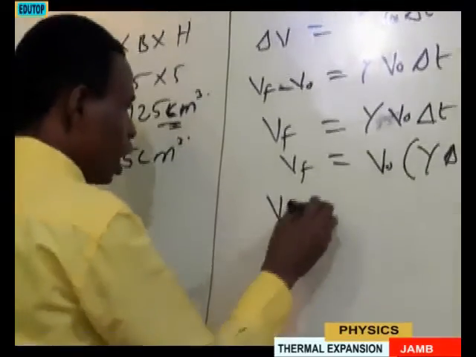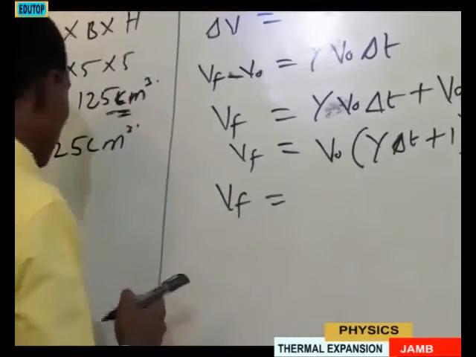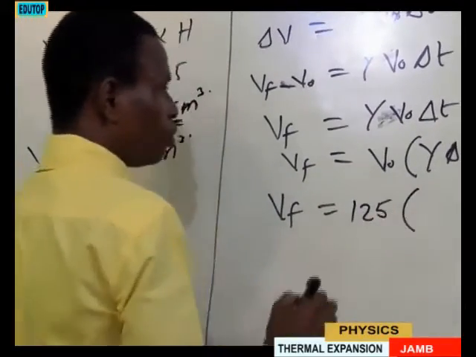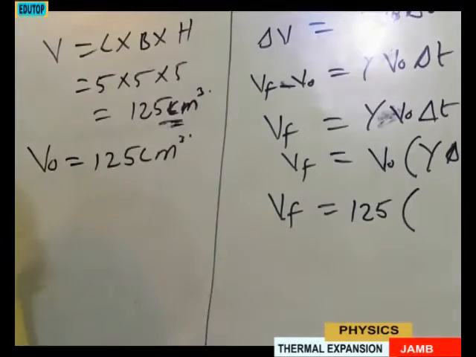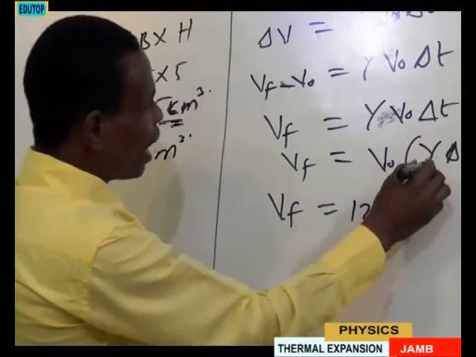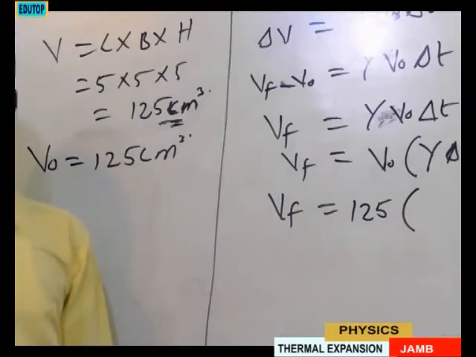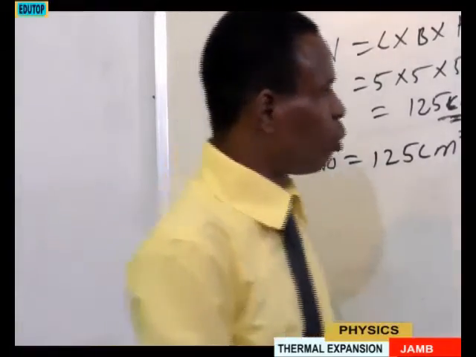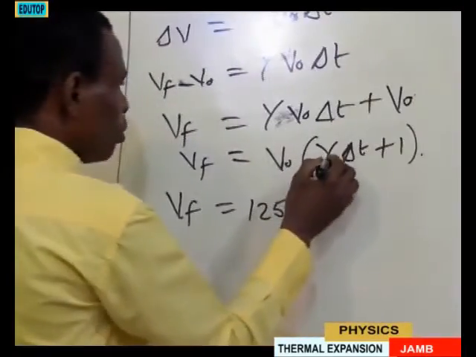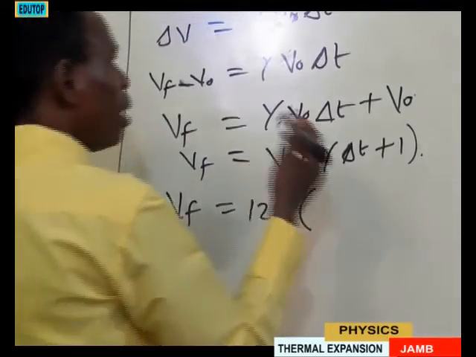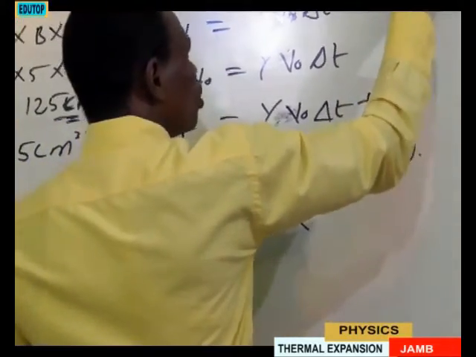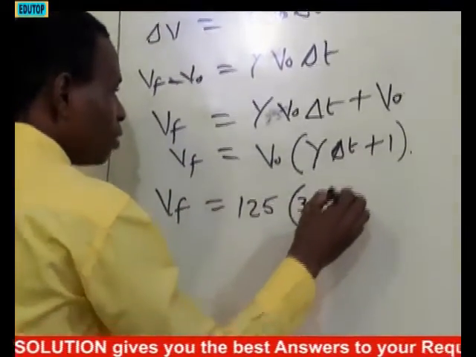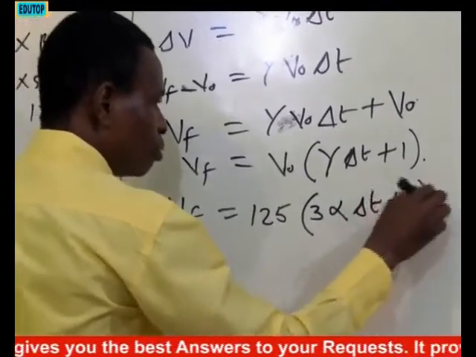Let's now look at the question and substitute. Final volume will now be equal to original volume, 125, into, in this case, we are not given the value of cubical expansivity, but we are only given the value of linear expansivity. So we are still going to multiply, instead of having cubical expansivity, and you remember I said this is equal to 3 alpha. So we are going to have 3 alpha times change in temperature plus 1.